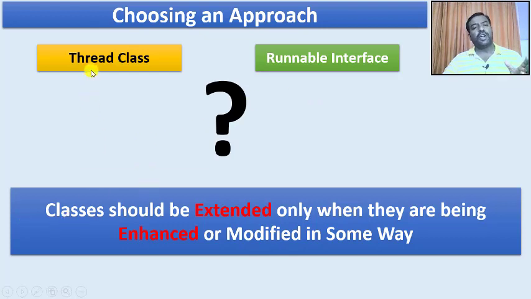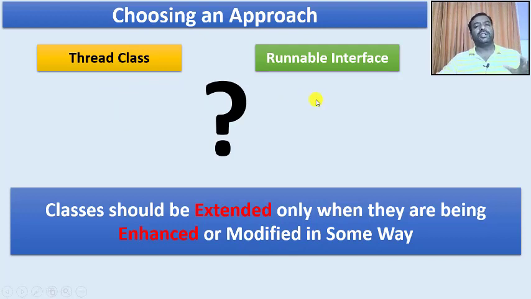Hence, we are going to use the Thread class only when classes should be extended, only when they are being enhanced or modified in some way. If this is the necessity, if you are thinking about enhancing or modifying the run method at the initial stage itself, then think about using the Thread class to create a thread.